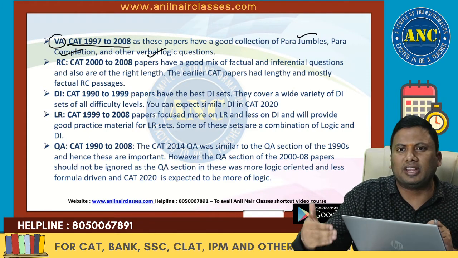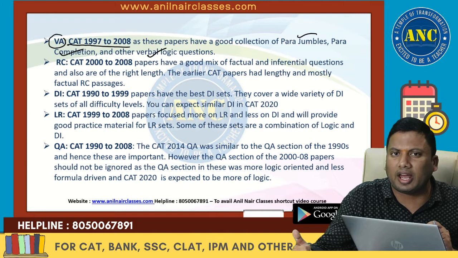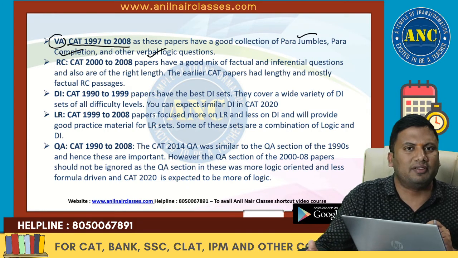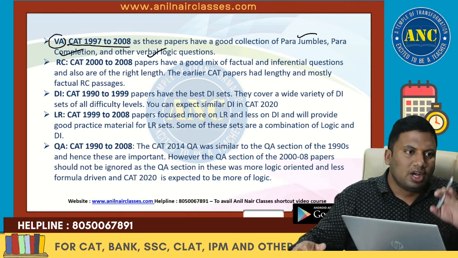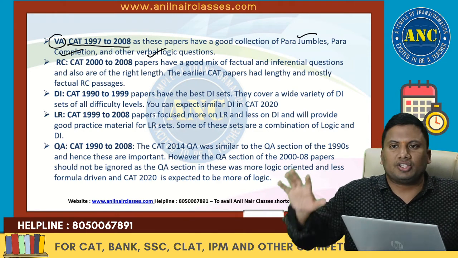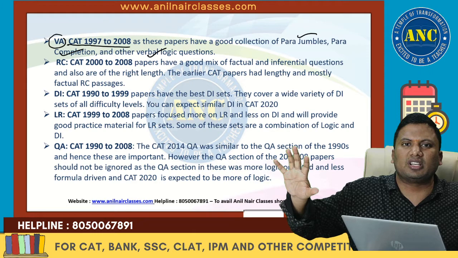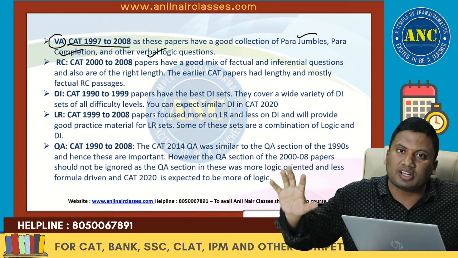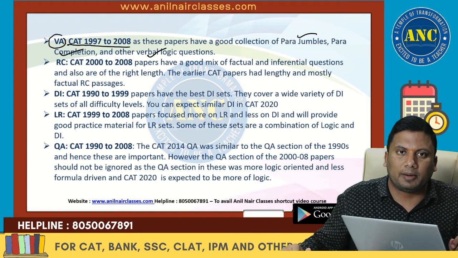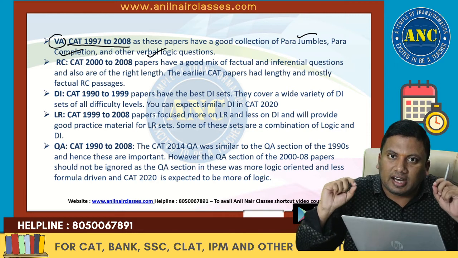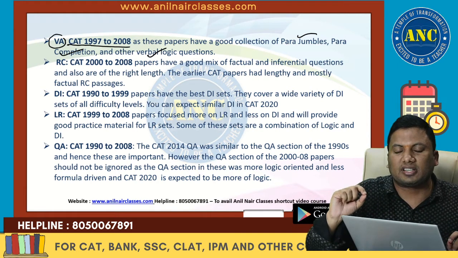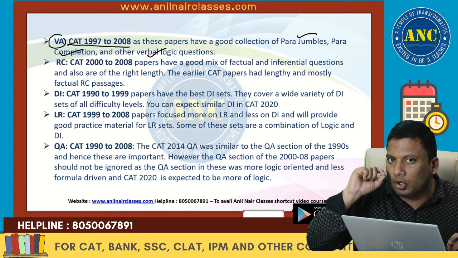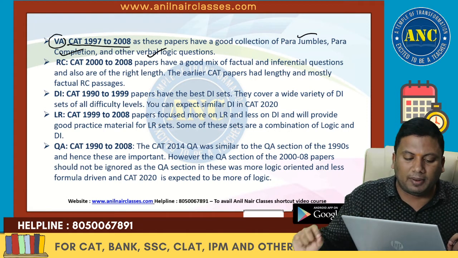Afterwards, there were some questions based on grammar and vocabulary, but in the last 5 years there were no grammar or vocabulary questions. There were reading comprehension questions, para jumbles, para completions, odd man out and some verbal logic problems. The CAT 1997 to 2008 papers are extremely important. Don't miss out on any of the verbal ability questions.